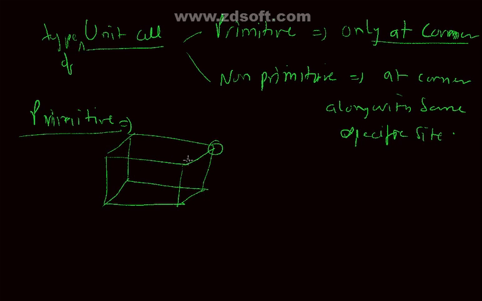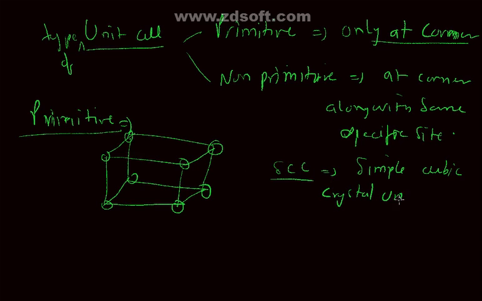The atoms are present only at the corner. So this is the primitive unit cell, also called SCC. It is called simple cubic crystal unit cell.